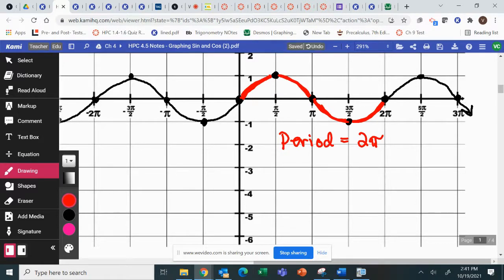What kind of transformation would take that period and make it less long or more long? A horizontal stretch or shrink will change the period. And I believe it says that in the vocab above. What's the next one? Amplitude.